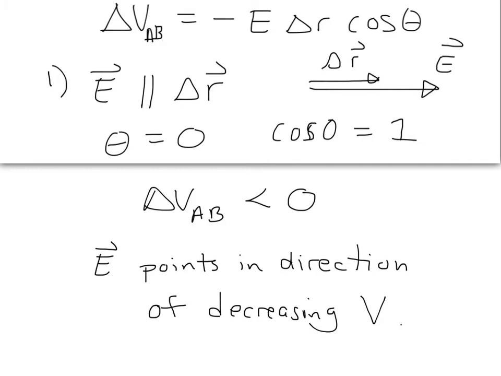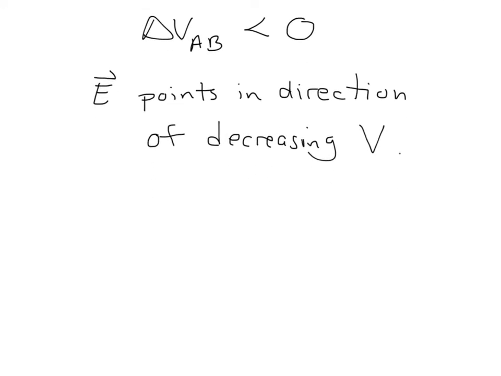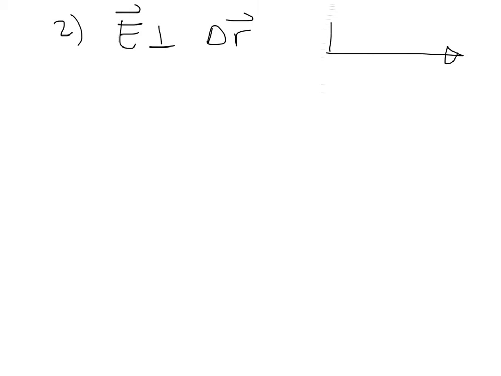Okay, the next case we're going to consider is when the electric field is perpendicular to that separation vector. In that case, we have delta R pointing up that way, we have an E going that way, and the angle there, theta, is pi halves.